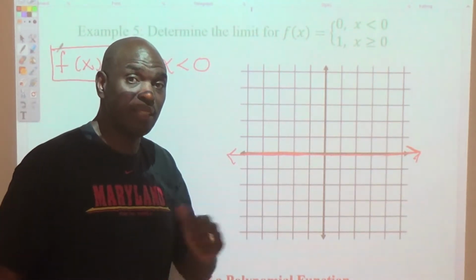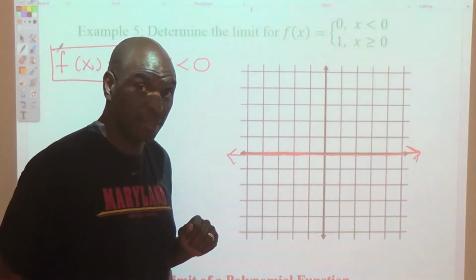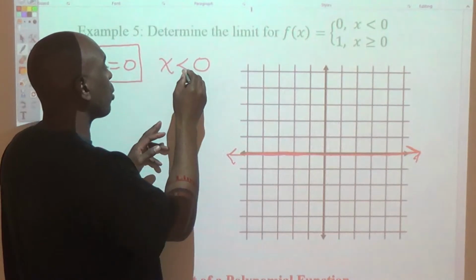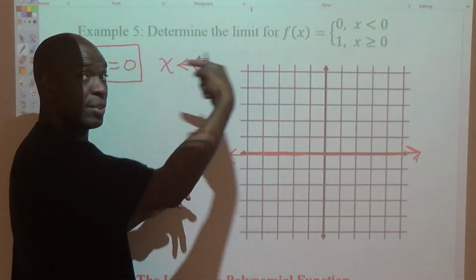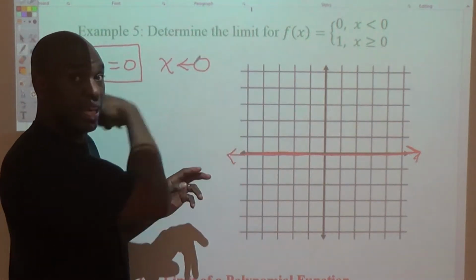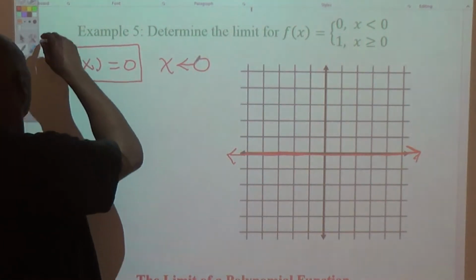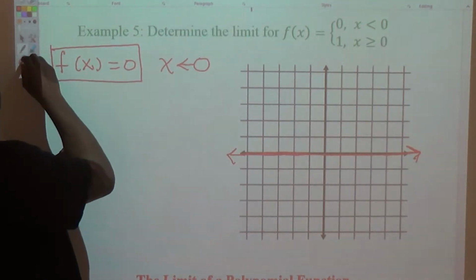Less means left, right? So I want the values that go to the left of 0, not including 0.